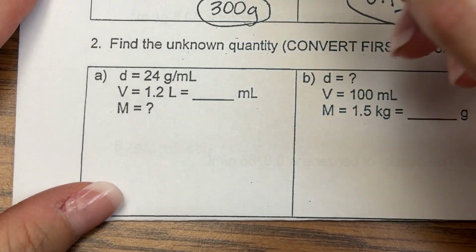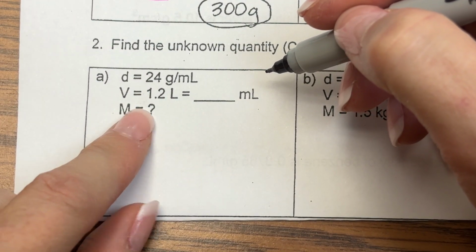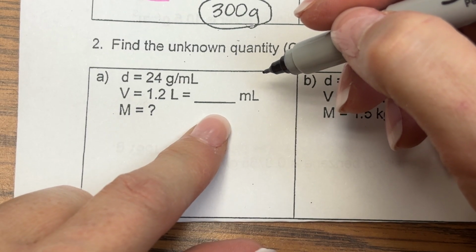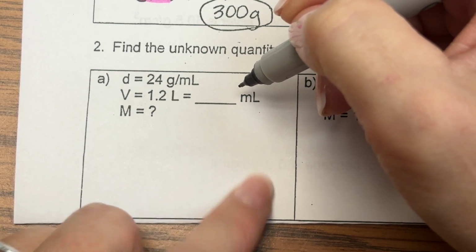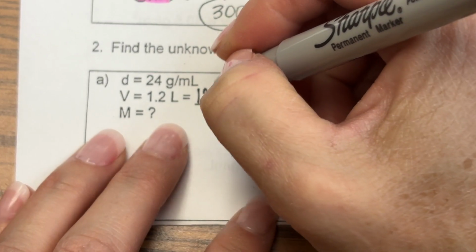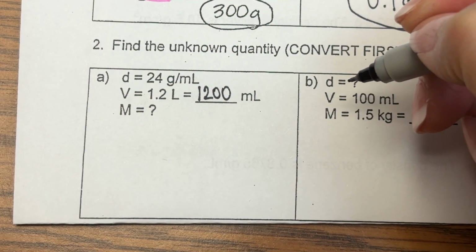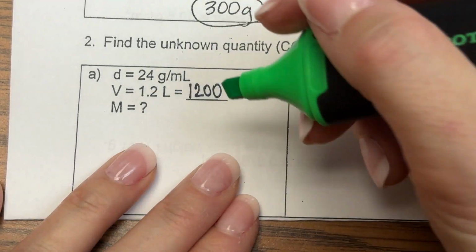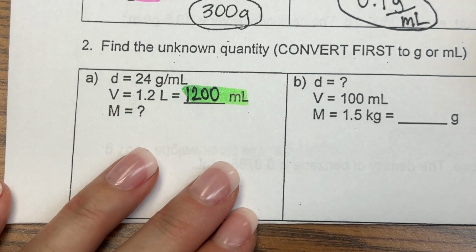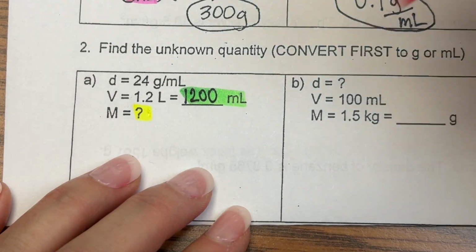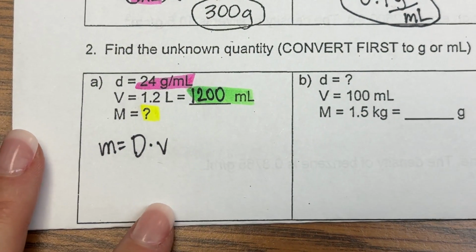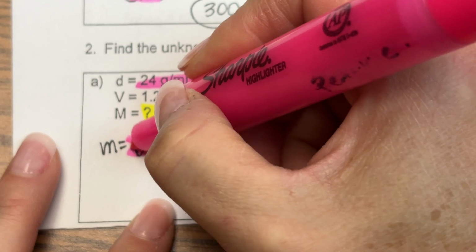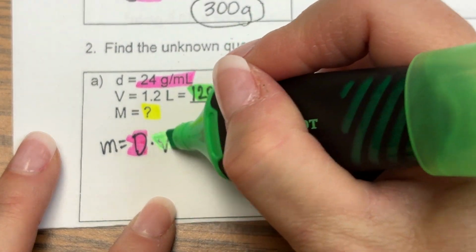All right. Down here, you are going to convert first, okay? So 1.2 liters on the ladder is going to move 3 places to the right to get to milliliters. So 1.2 liters is 1,200 milliliters. I'm actually going to only be using the milliliters number. And I am going to use the equation M equals D times V, so density times the volume in the same units.